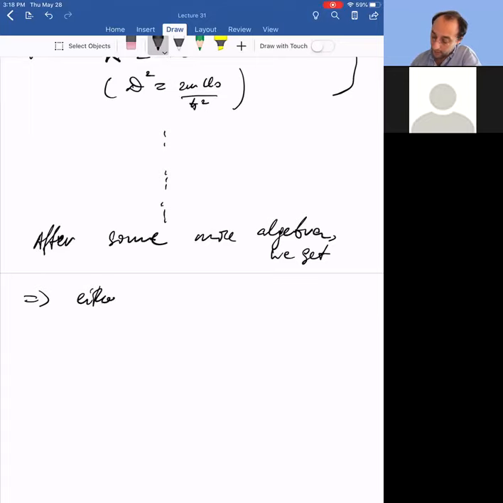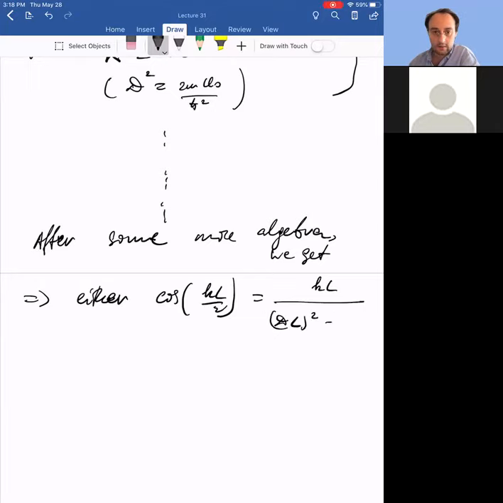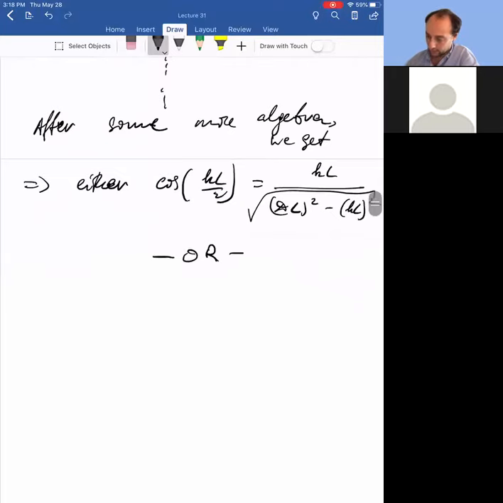Either, so now I can say or, either cotangent of KL over 2 equals KL times DL squared minus KL squared taken square root, or, sorry, this is cotangent, not cosine, it's a cotangent.